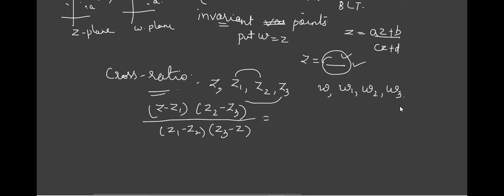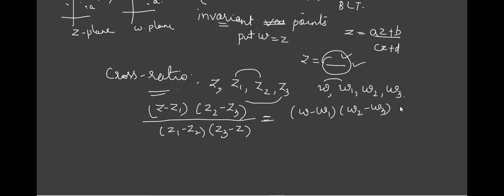Similarly, this we have to write equal to the same thing applied on the W side. Can anybody tell me how it should be taken? Start from the first point. W minus W1. Leave the next. Take the next to that: W2 minus W3.